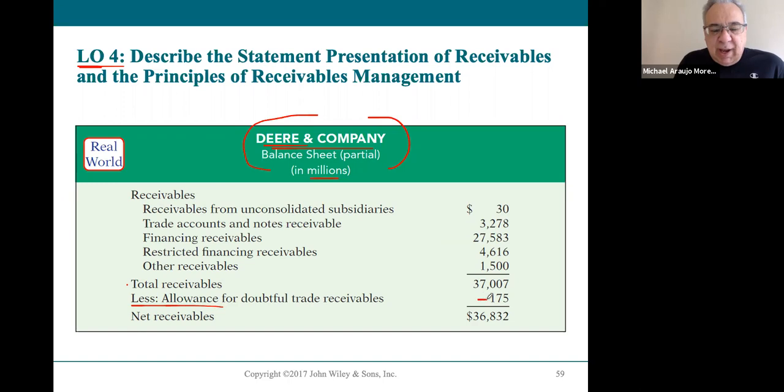So they take away a little bit of dough from that, but that still leaves them with quite a few bucks to collect in receivables there. 36 billion, a lot of bucks for sure. But again, don't forget they have to take away a little bit of dough for that allowance. Oh dear.